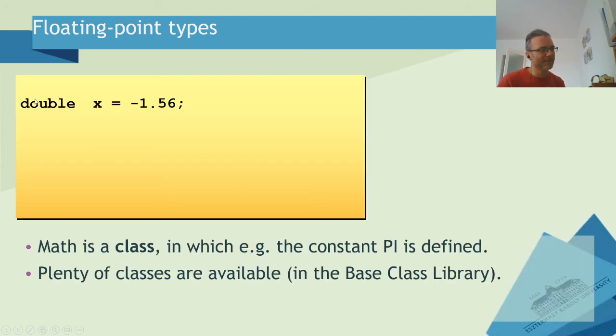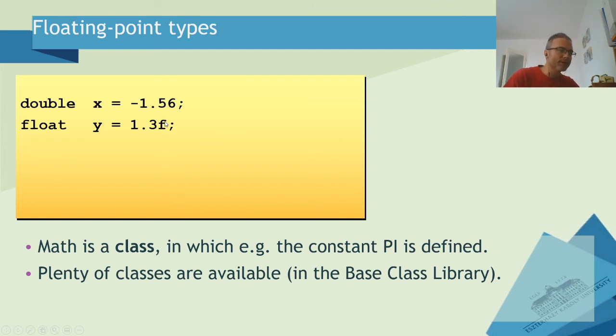But if you change this double to float, Visual Studio will throw an error message to you. Why? Because here the default type is double.